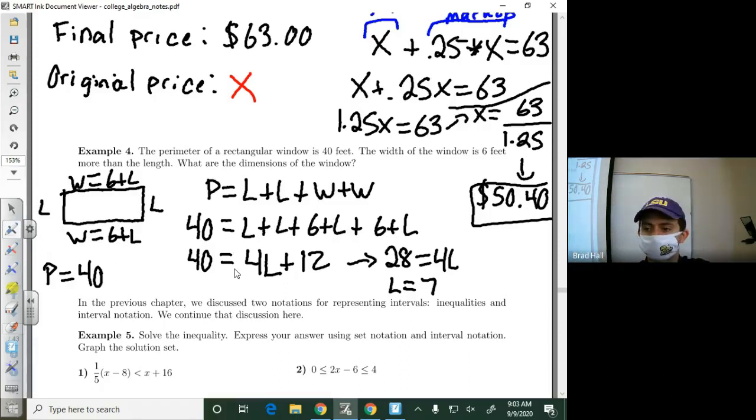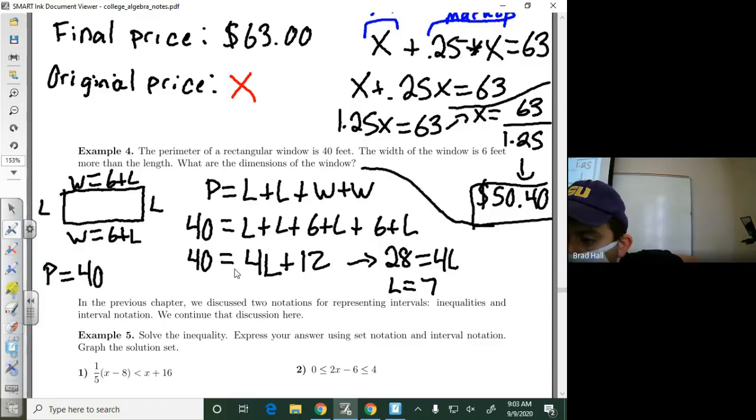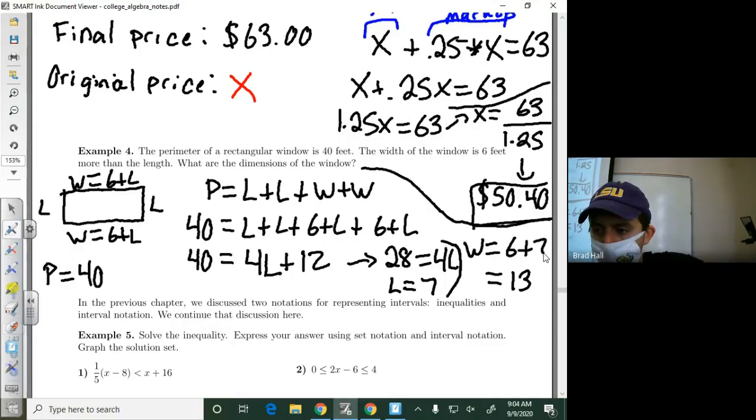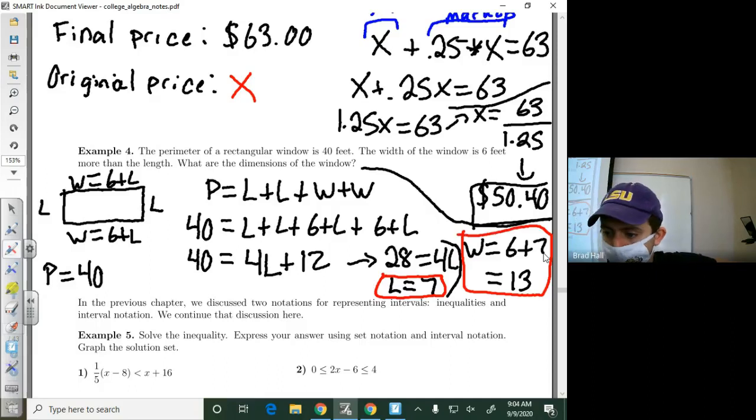So that's the length. The width is 6 more than the length, which is going to be 13. So the dimensions are that the length is 7 and the width is 13. So that's 2 types of word problems you can expect on this homework.